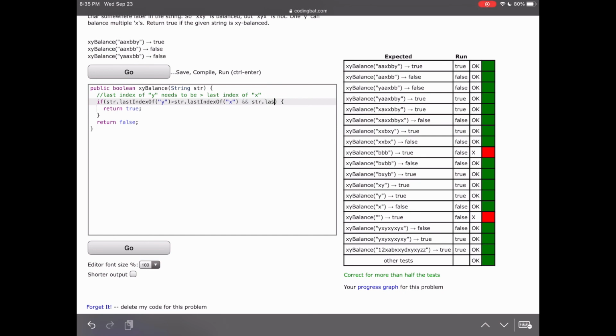And str.lastIndexOf(Y), now Y is the more important one here, because Y is the one that does the balancing, so that's why I'm going to use last index of Y here, greater than -1, return true. Oh, sorry, not greater than -1. Not equal -1. Sorry, I don't want it to be -1. I want Y to be there.